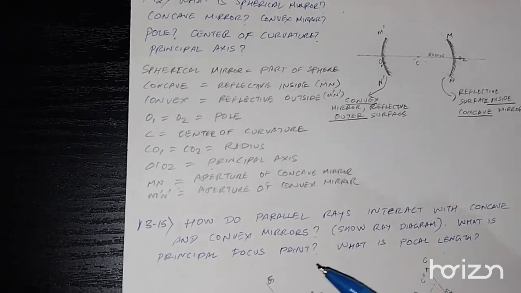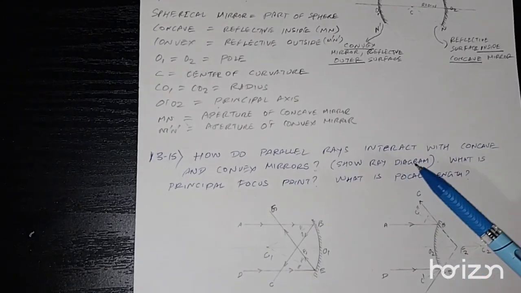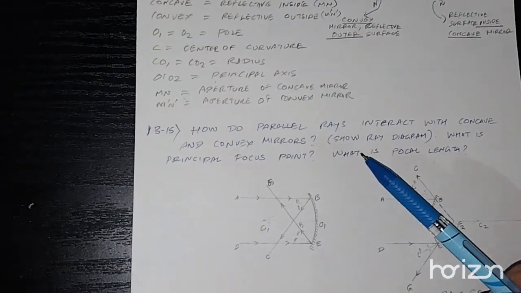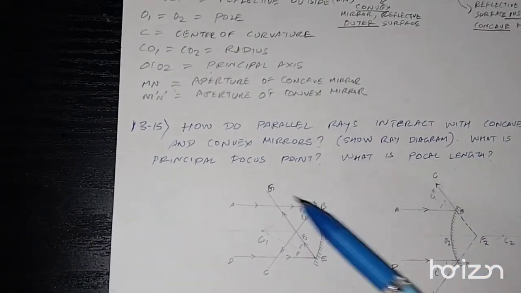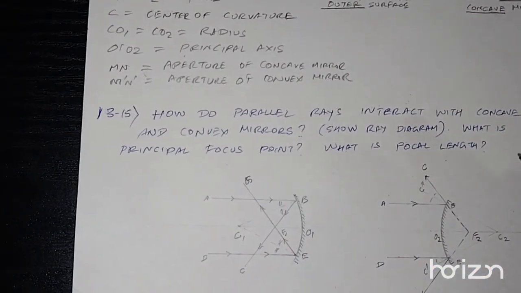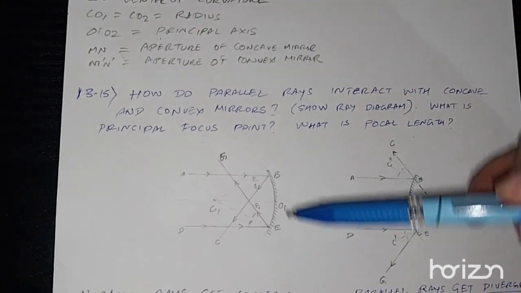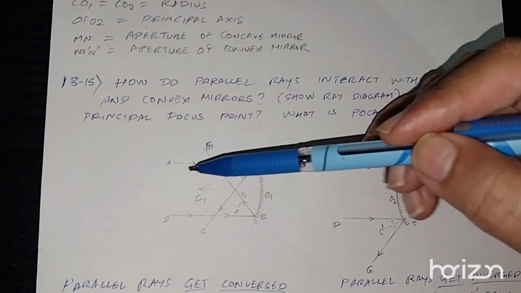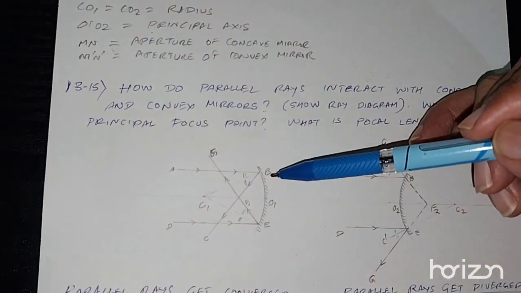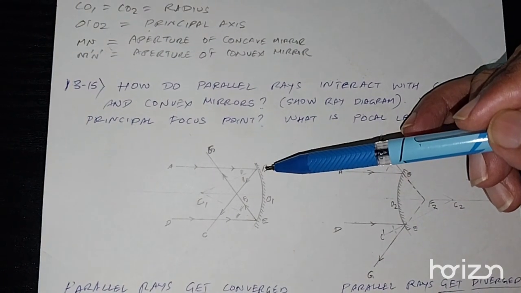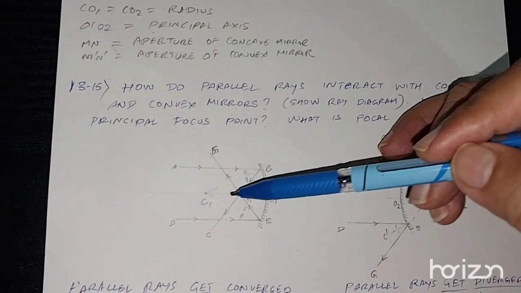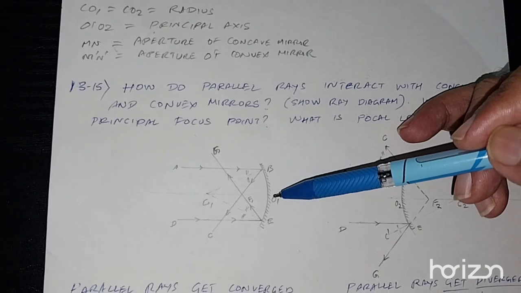Okay, so next question: how do parallel rays interact with concave and convex mirrors? Show the ray diagram, and what is the principal focus point and what is the focal length? If you consider a concave mirror first, you can see that AB is a ray which is parallel to the principal axis CO1.